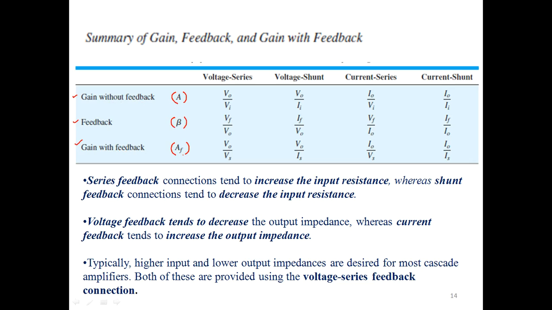So Af stands for the gain with feedback. This is for voltage series, voltage shunt, current series and current shunt. So for all these four feedback connection types, these are the corresponding expressions for gain, feedback and gain with feedback parameters. Now what is the significance of these feedback connection types?